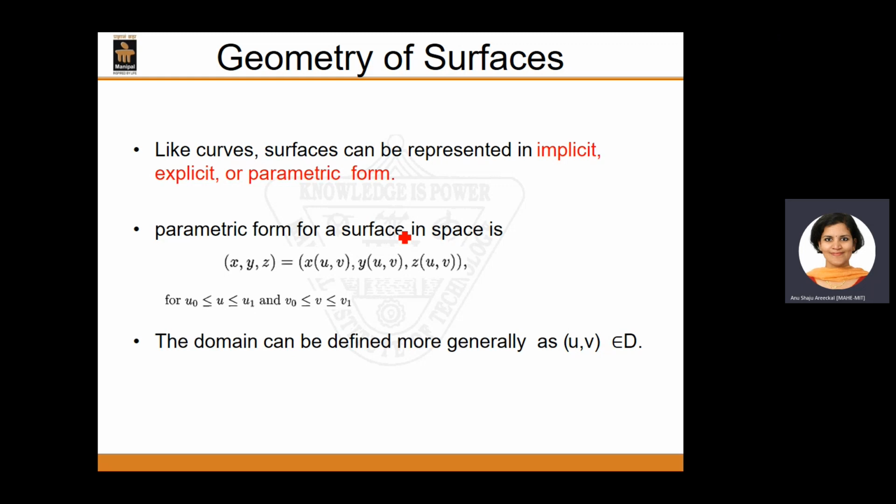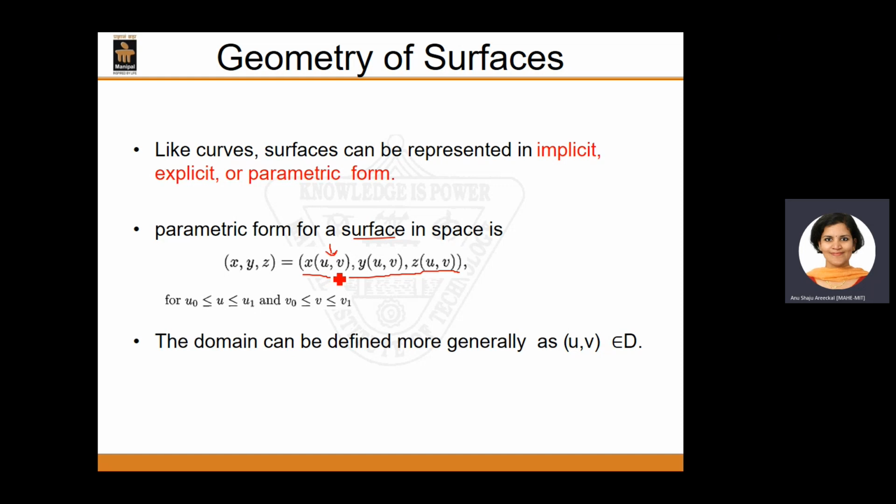Now, when it comes to surfaces, just like curves, you can also represent surfaces in different forms: the parametric form, the implicit form, the explicit form, and so on. In the parametric form of a surface, you can represent it by x(u,v), y(u,v), and z(u,v). What you notice is that for curves you have only one parameter, but in the case of a surface, you have two parameters used to describe the surface, and those parameters are u and v.